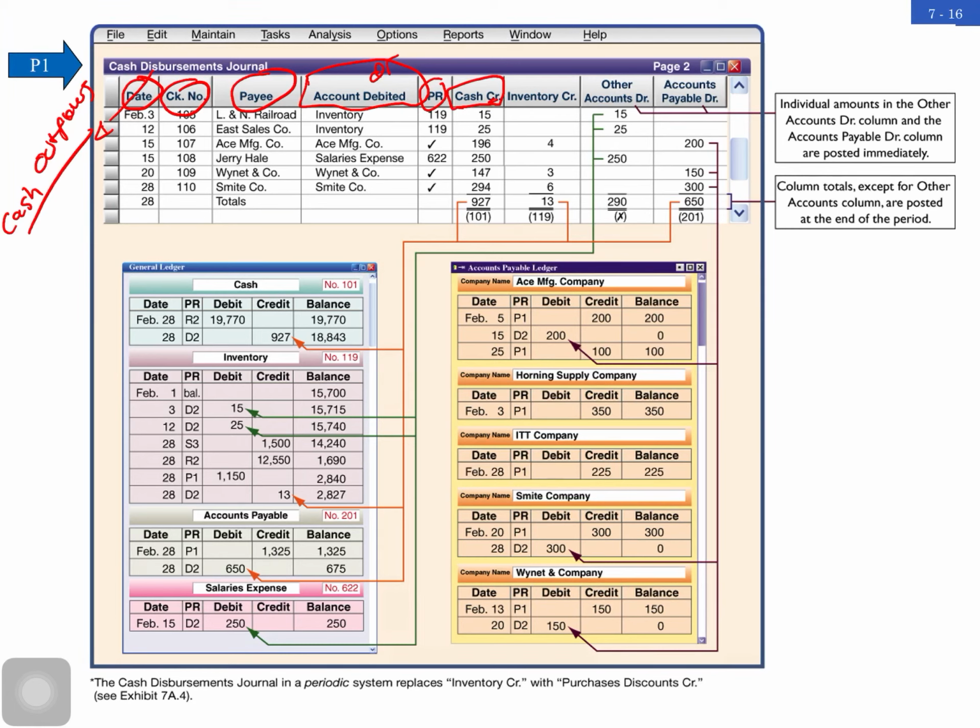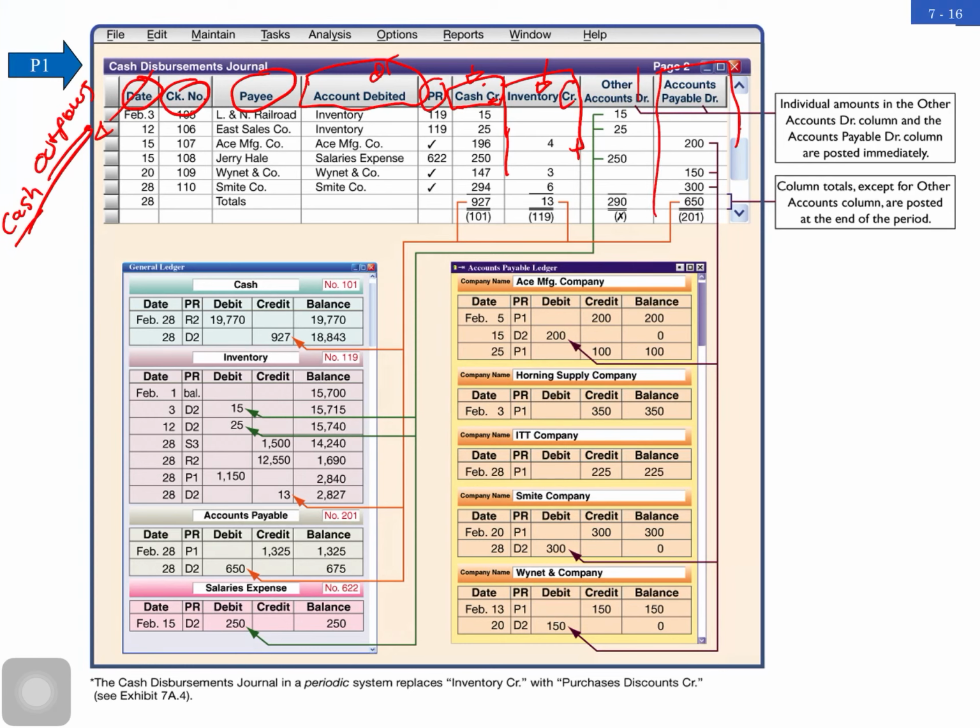You need to have this one, it is a must, because this is about cash outflows, so you need to have cash on credit here. And then inventory on credit, but if in your business you do not have inventory, you don't need this one. And then other accounts, and then accounts payable.